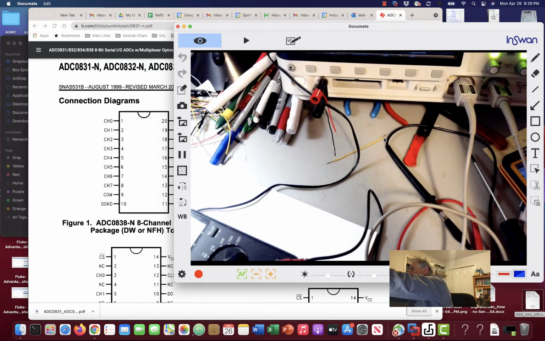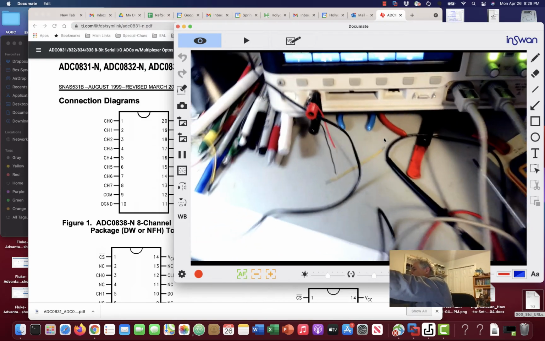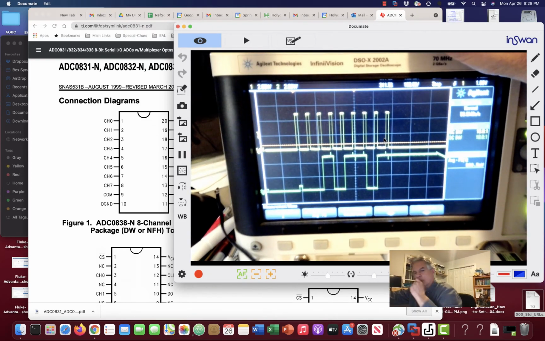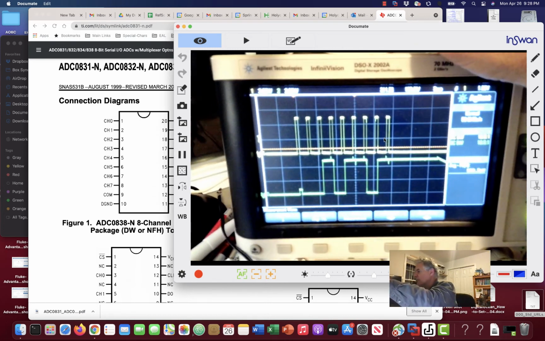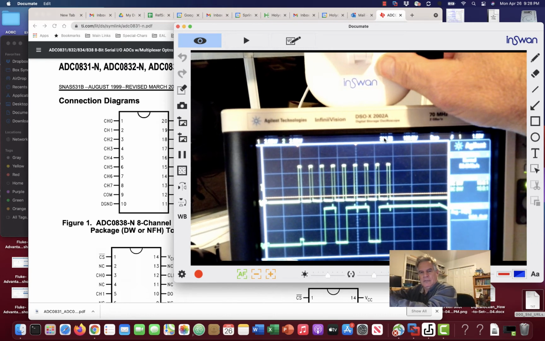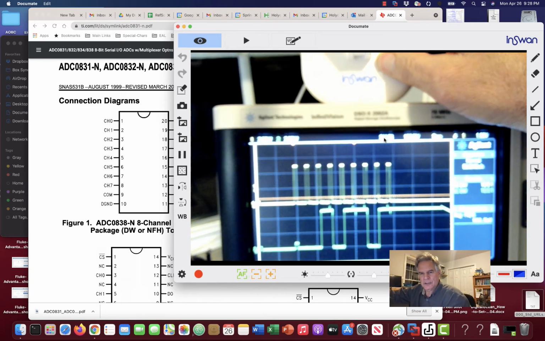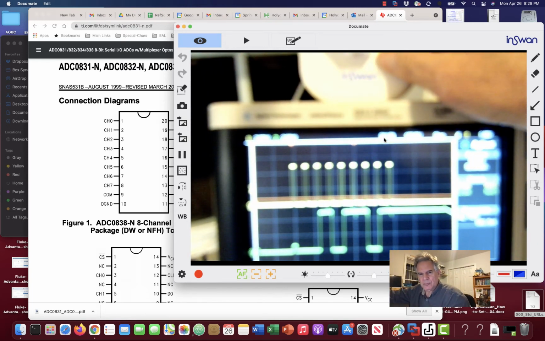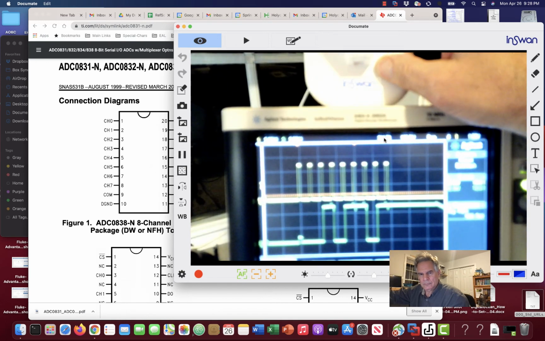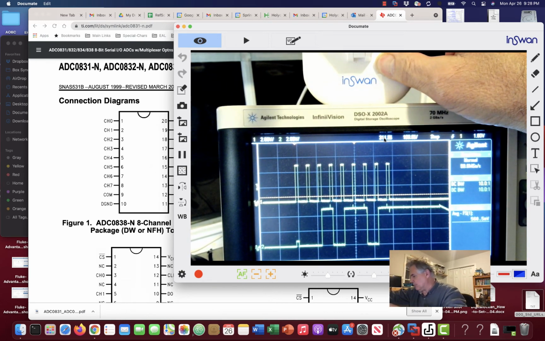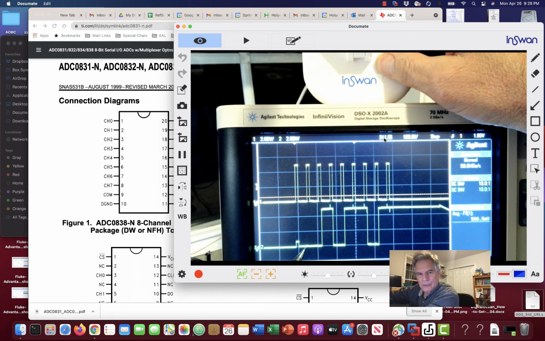Let's see what we got here. I don't know if we'll get any sharper, but yeah, not too bad. All right. Remember, the first bit, this first 0, is thrown away.